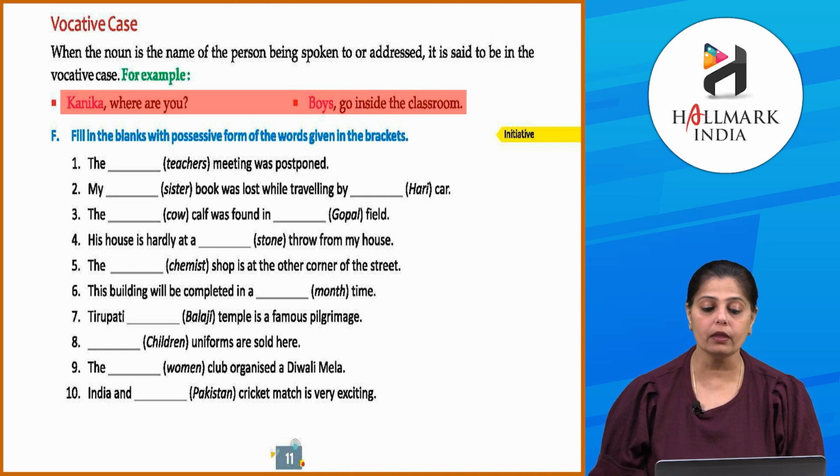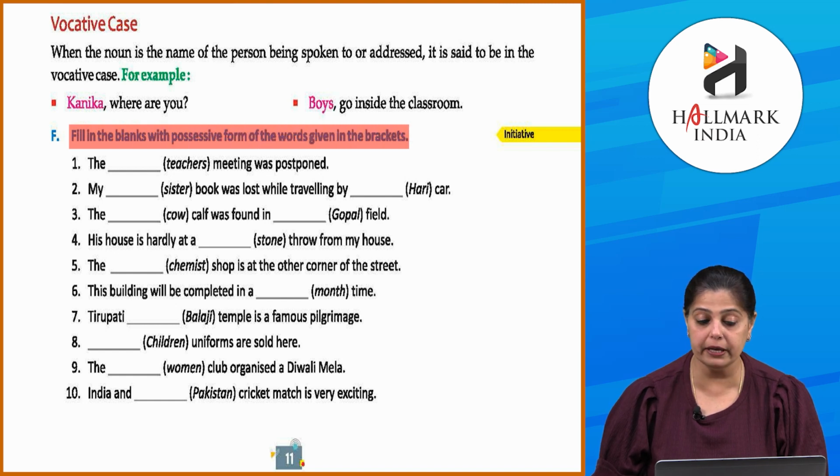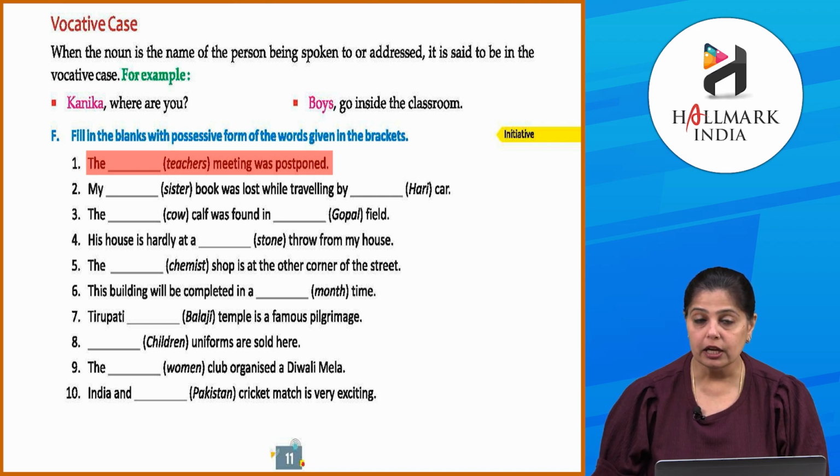क्लियर? सो फॉर एग्जाम्पल, fill in the blanks with possessive form of the words given in the brackets. तो अभी हमें इसमें possessive ये करके बताना है. Okay, we have to show the possessive form of the words. The dash meeting was postponed. यहाँ पे ब्रैकेट में दिया है टीचर्स, तो यहाँ पे क्या आएगा? टीचर्स. इट इज ऑलरेडी अ प्लूरल, तो अपॉस्ट्रोफी आएगा एस के बाद. क्लियर?